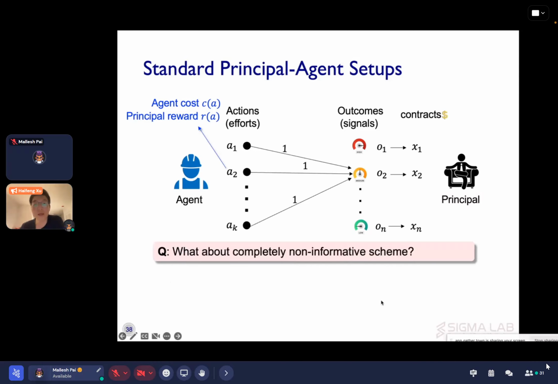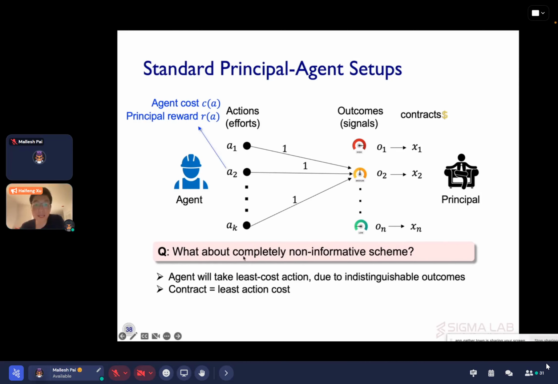And another extreme situation is, what if the scheme is fully non-informative? So the principal cannot distinguish any action the agent takes, because any action is going to map to exactly the same outcome. What's going to happen in this case? Again, with 5 seconds of thinking, you would realize that because the principal really cannot distinguish whatever action you take, the agent would just take the least cost action.